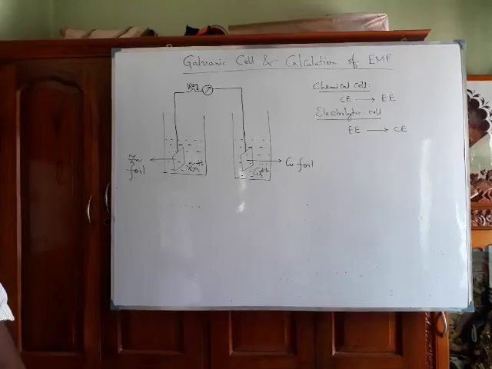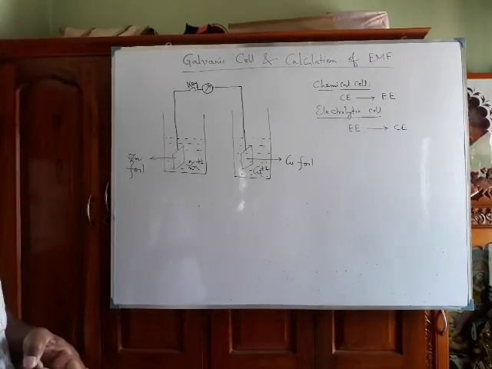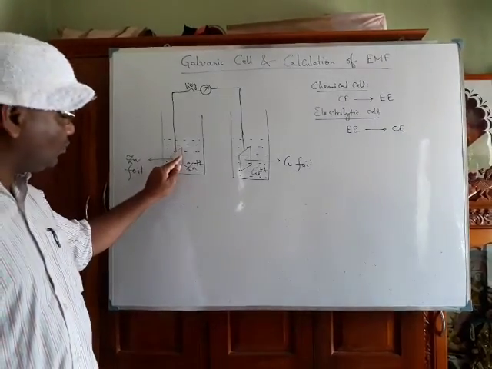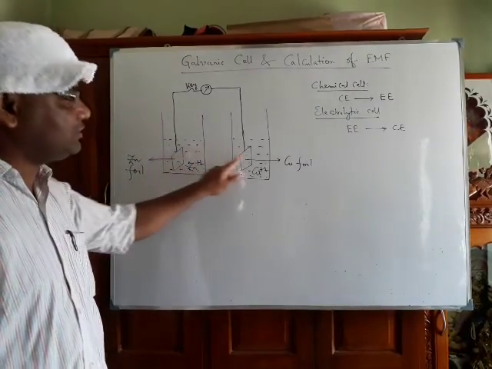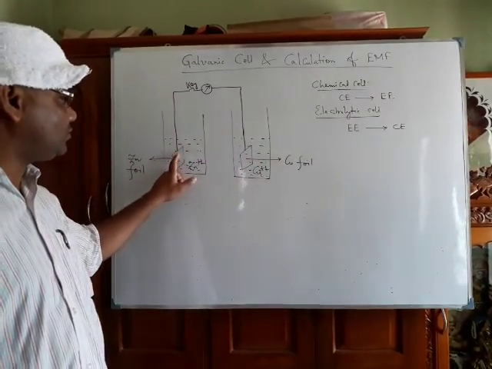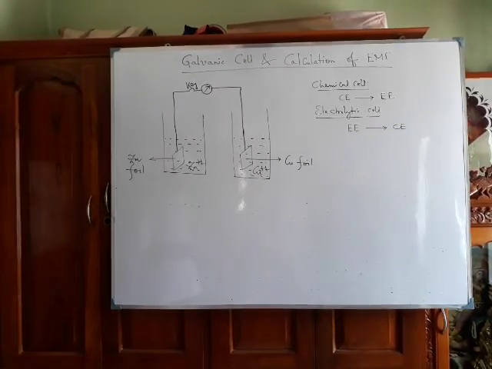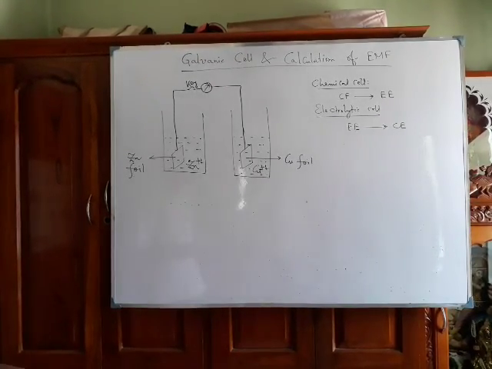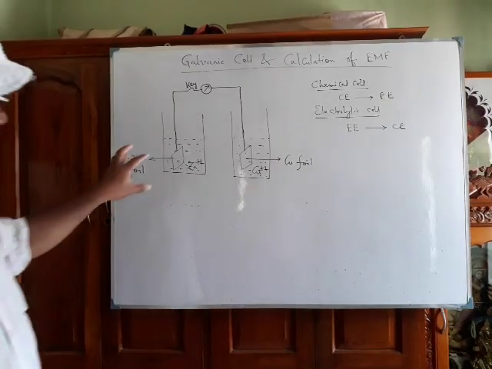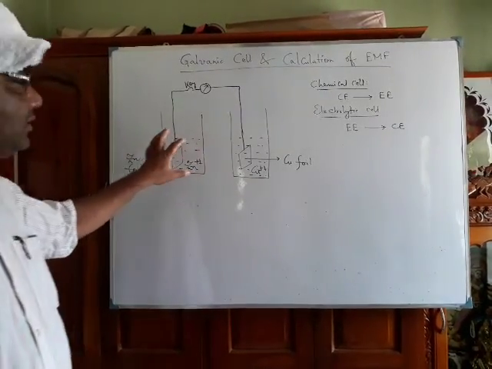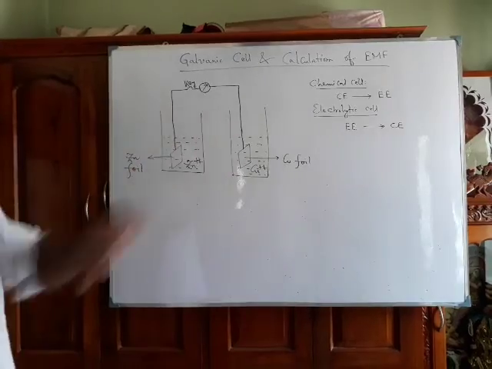Why? Because you all have the preliminary idea that zinc is more electropositive than copper. That's why some potential will be developed, and after that electrons will flow.